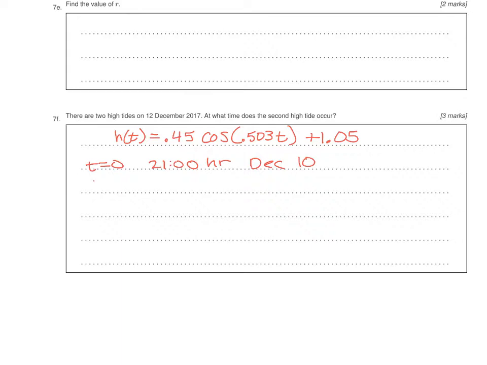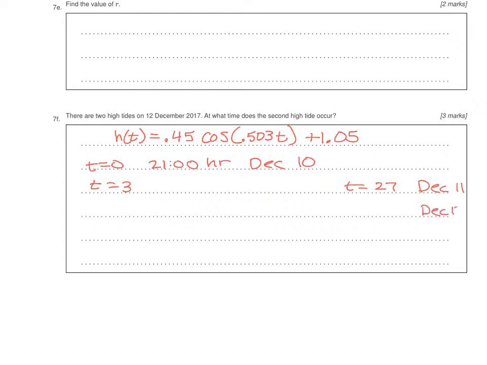So after 3 hours, when t equals 3, that will be when December 11th starts. And then 24 hours later, when t equals 27, that will be when December 11th ends.